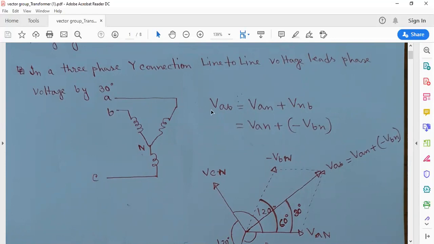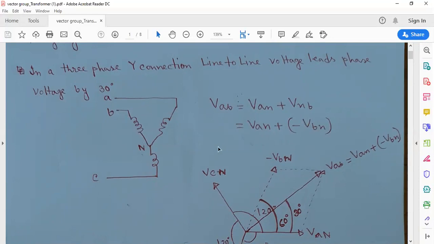So what will be the relationship between phase voltage and line voltage? Suppose VAB is a line-to-line voltage. It will be equal to VAN plus VNB, which is written here. What can we write about VNB? VNB is equal to minus VBN.